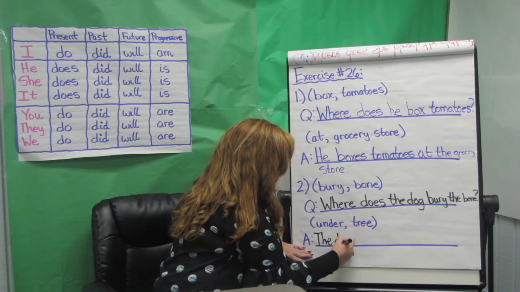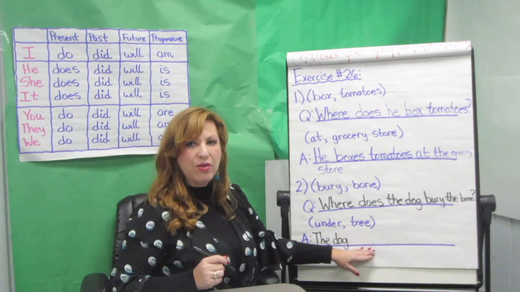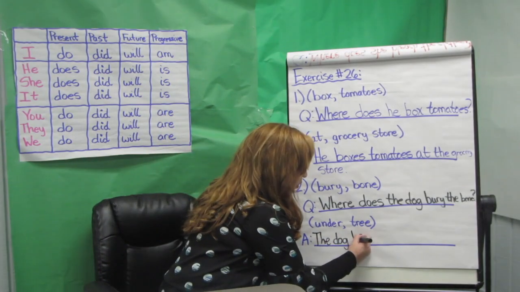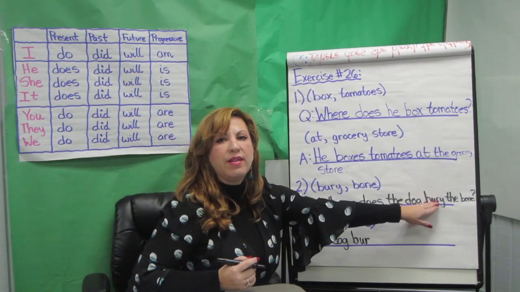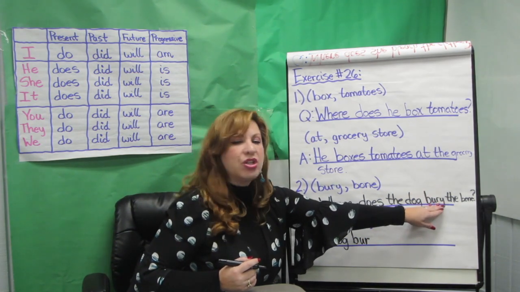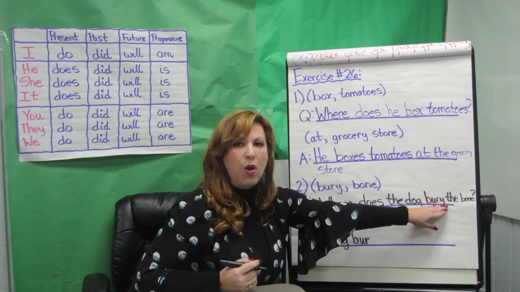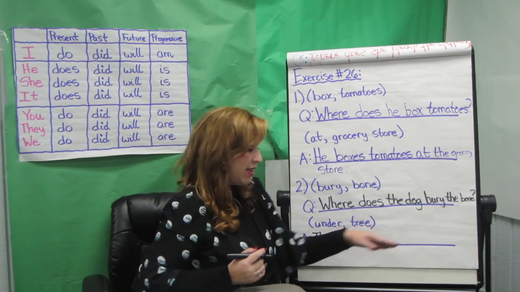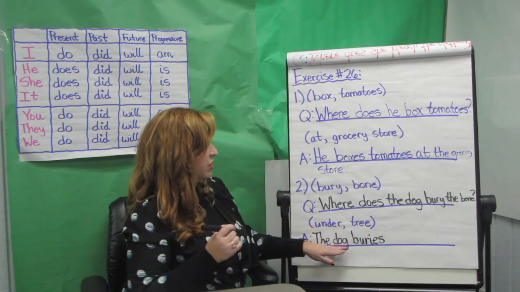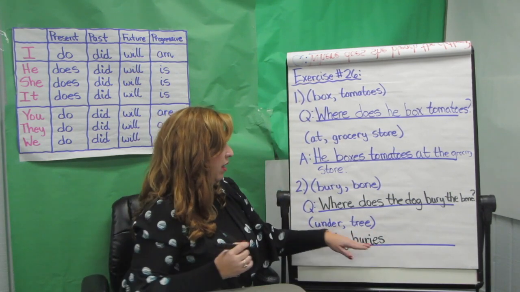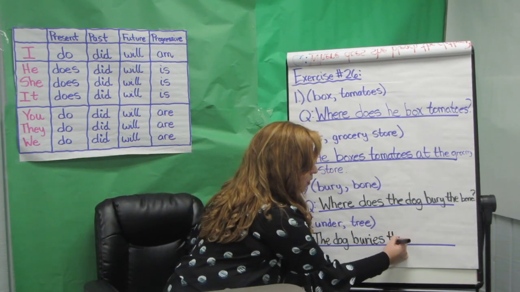The dog buries. Now, if you remember from past learning, when we come to a word that we have to change, it's drop the Y and put IES. Buries. The dog buries the bone.